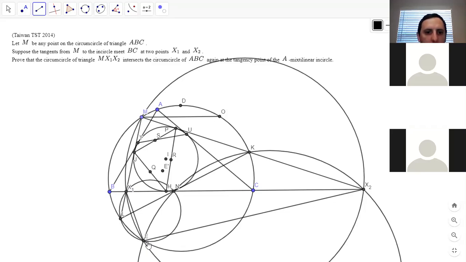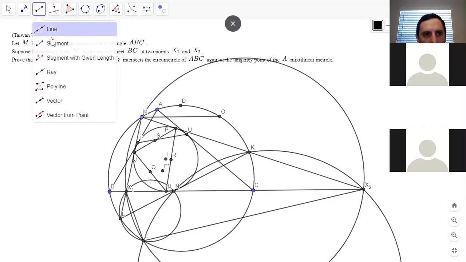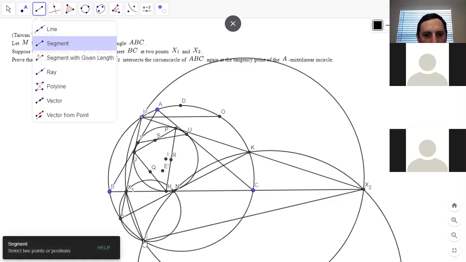Oh wait, I think it's trivial that E, N, and O are collinear, because angle X1NE is 180 minus MLE, which is MOE. So yeah, those are collinear, E, N, and O.